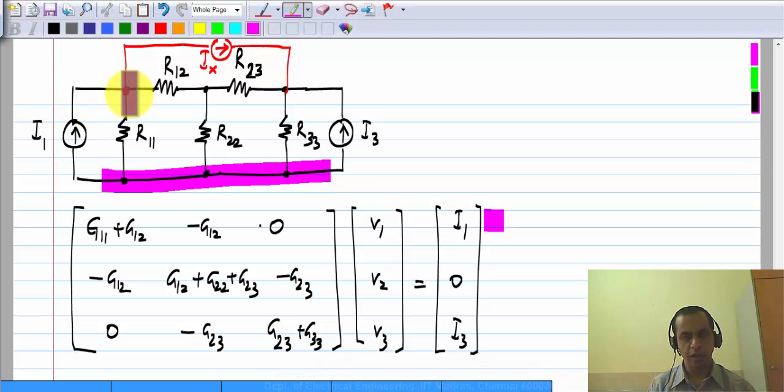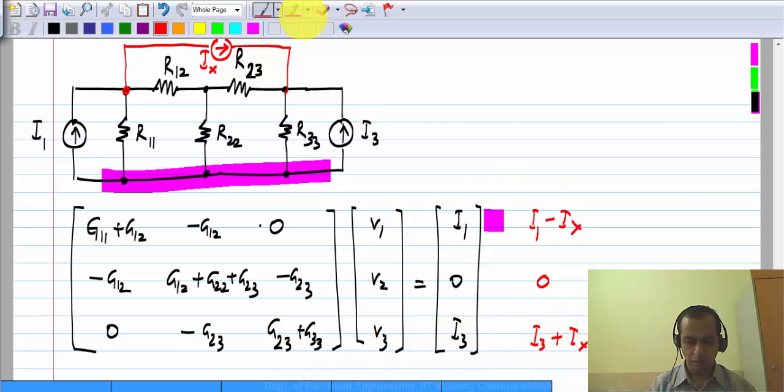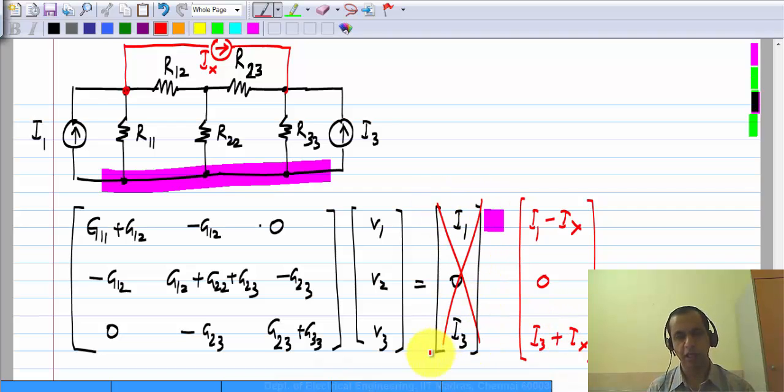It was originally I1. Now it will be I1 minus Ix because of the polarity of Ix. Node 2 has been untouched, so that will still be 0, and node 3 will become I3 plus Ix, because Ix is being pulled from node 1 and pushed into node 3. These are the changes that occur to the nodal analysis setup.